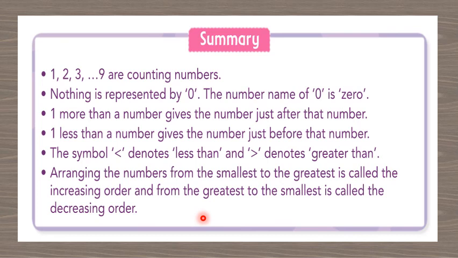So we have discussed these earlier and answered some questions based on this. I think all of you are very much familiar and comfortable in solving such questions of arranging the numbers in increasing order and in decreasing order.